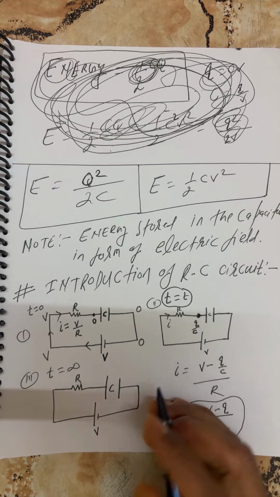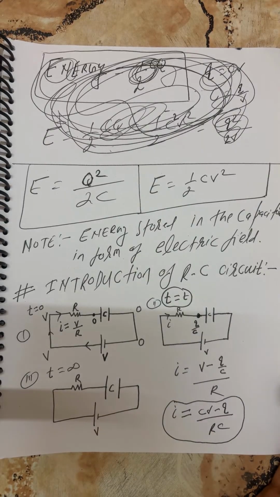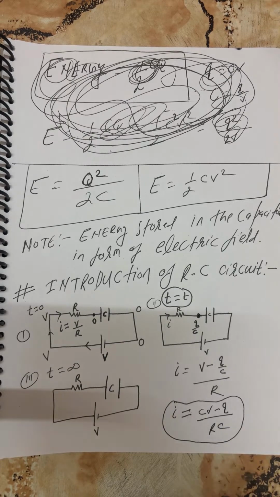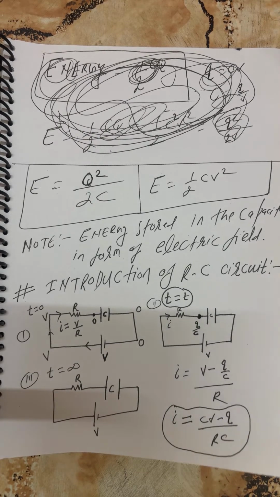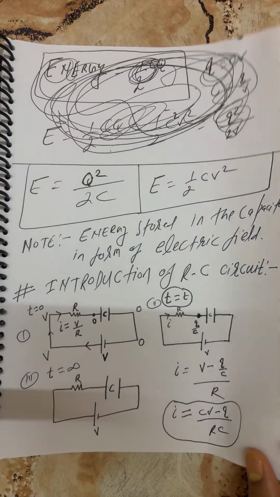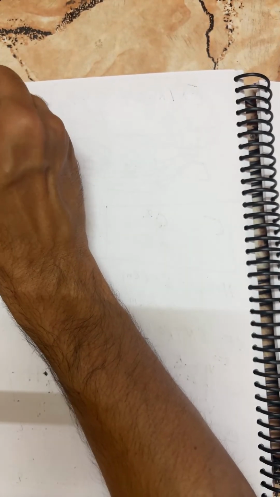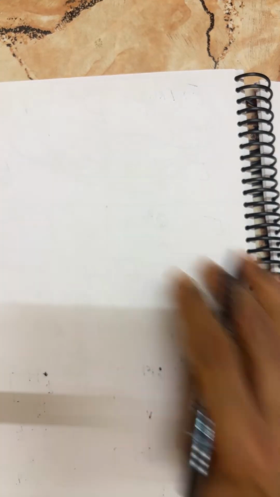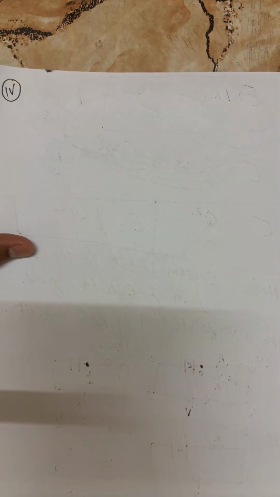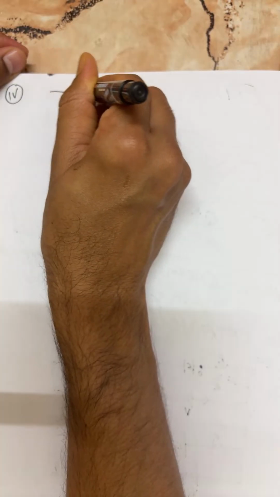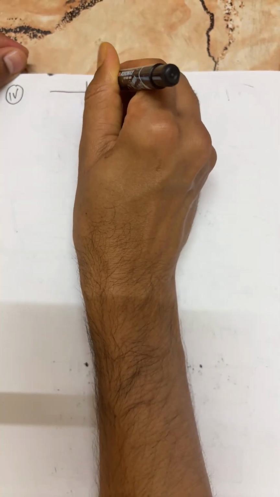There is no value of current once the capacitor becomes fully charged, so you can replace the resistor. For the fourth diagram, I will write later. If there is no value of current, the capacitor becomes fully charged. So for this condition, you can show the circuit without resistor.